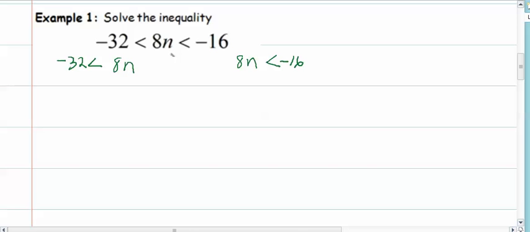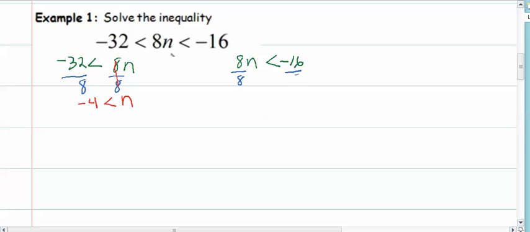Step 2 was solve each side. So we're just going to solve like a regular inequality. We're going to divide this side by 8, divide this side by 8, and we get our n. I keep the sign. 8 will go into negative 32 negative 4 times. Okay, so we did that side. Now we're going to do the other side. We're going to divide by 8.